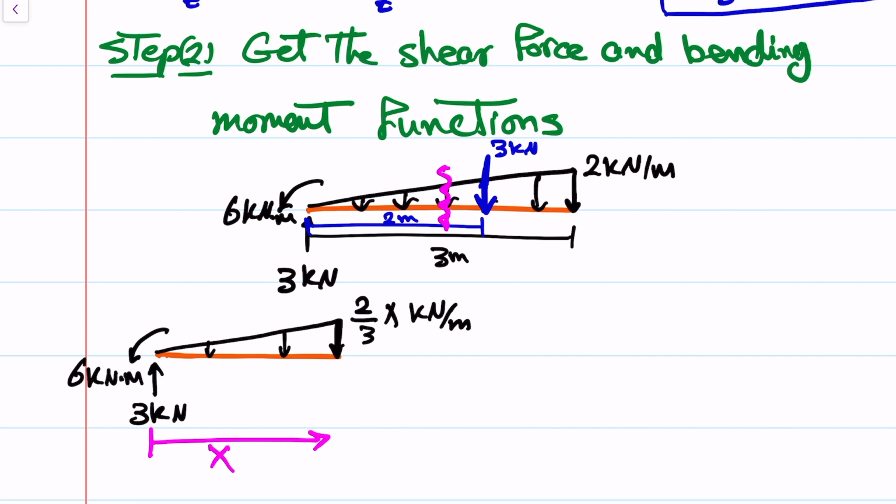Okay, so we have the shear force here, V, and moment, M. Let's move this a little bit up so you're not confused. Okay, so this was 2 over 3 x kilonewton per meter.